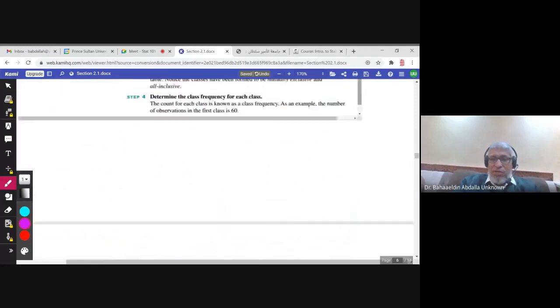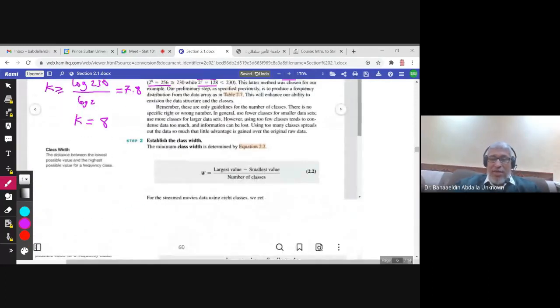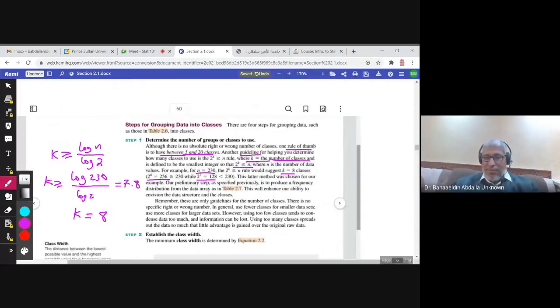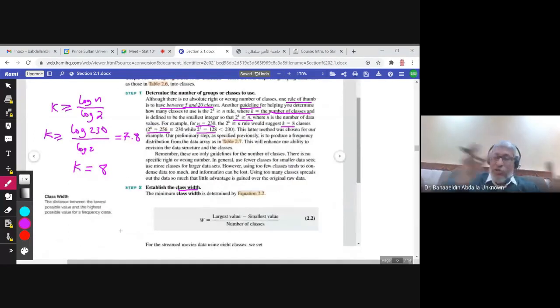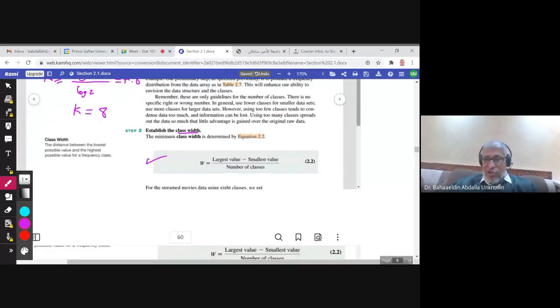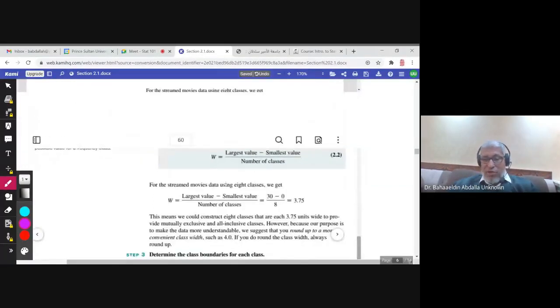Next, what do we need to do? We need to determine the class width. We have 7 classes or 8 classes. What would be the class width, the width of each class? Each class will be from where to where. So you find the largest value minus the smallest value over the number of classes, which is k, which you found in step 1, and then you round your answer.